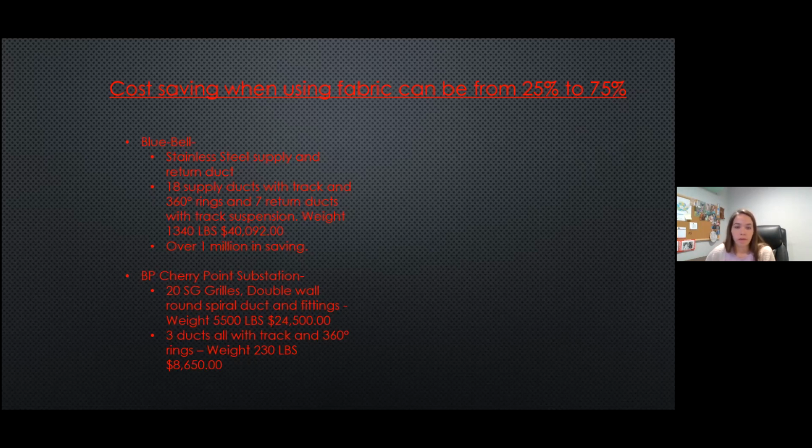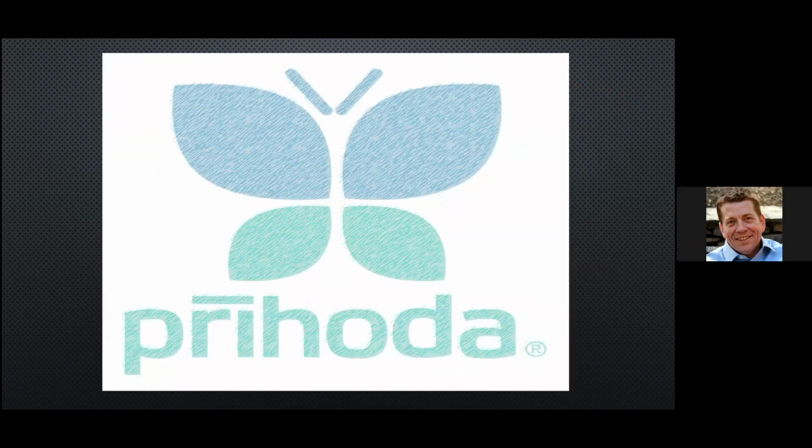And then we also provided a job called BP Cherry Point Substation. On that one, we saved them about $14,000, give or take. And that's something that we put in. That was kind of a last minute thought about the cost savings on those projects, because that's becoming more and more of a concern.